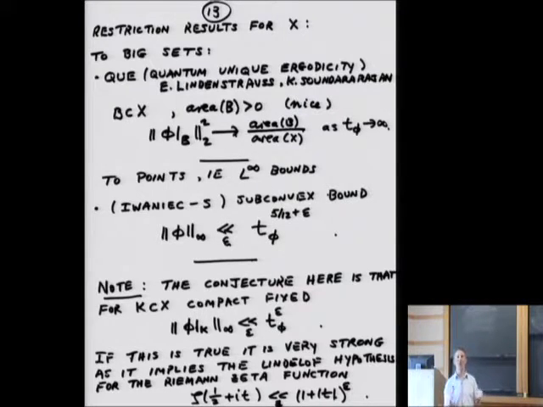Suppose I restrict to a point. Restricting to a point is an L infinity norm if I vary the point. So there, you're not going to have a behavior that an eigenfunction restricted to a point is universal. It could be 0, it could be anything. But maybe it's not too big. And I told you the L infinity norm bound of Hörmander was t to the 1/4.